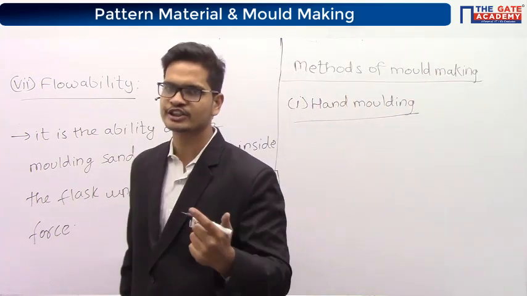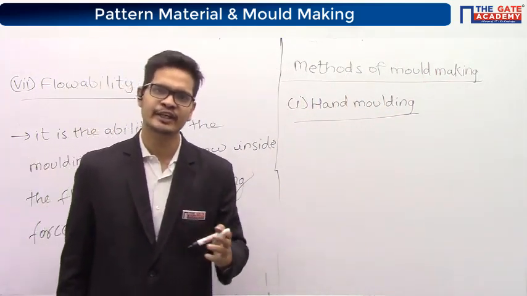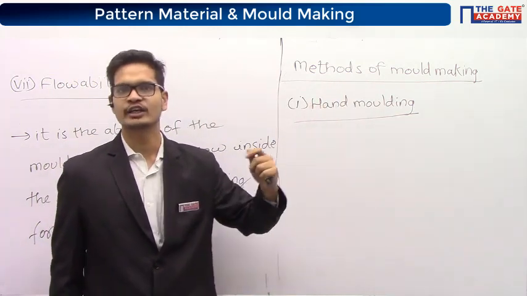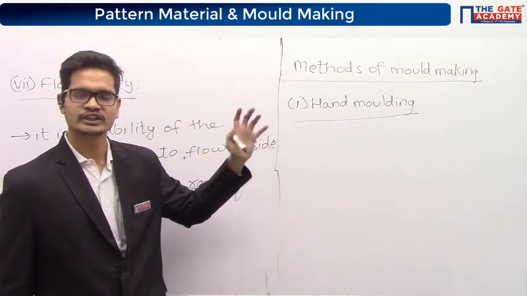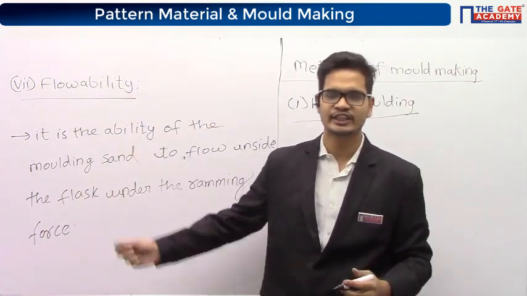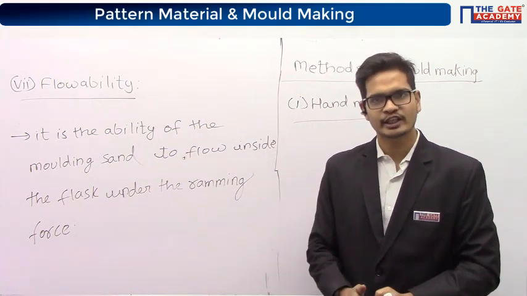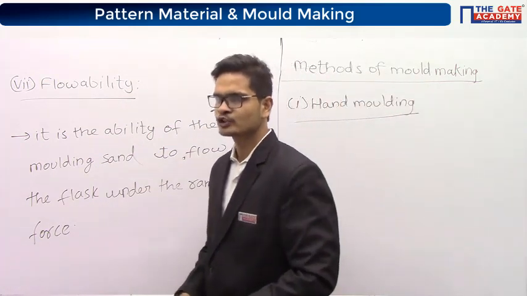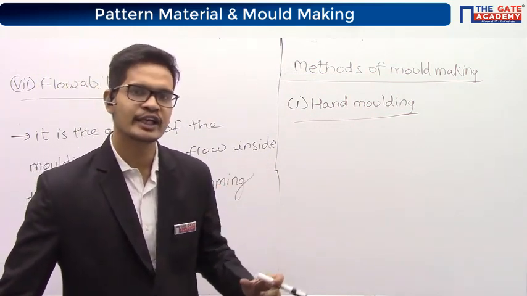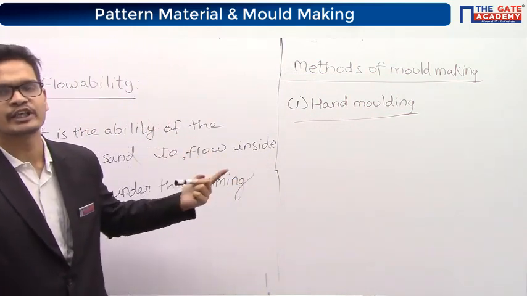In fact, in entire mechanical engineering, by looking at the name, you can understand what is going on. For example, here I have written hand molding; earlier I had written collapsibility, refractoriness. Whenever you study any subject, when you look at the name, try to create a mental image.